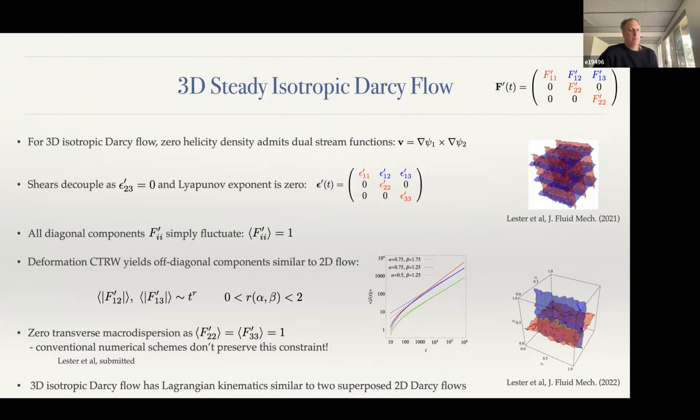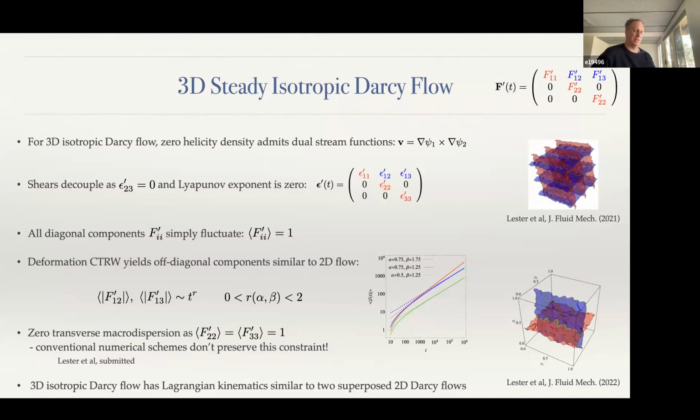You can show directly from the helicity free condition that the epsilon 2,3 component of the velocity gradient tensor is 0, and the Lyapunov exponent is 0. And these flows essentially behave like 2 2D flows that are superimposed orthogonally with each other. So there's no coupling between those 2 two-dimensional flows.